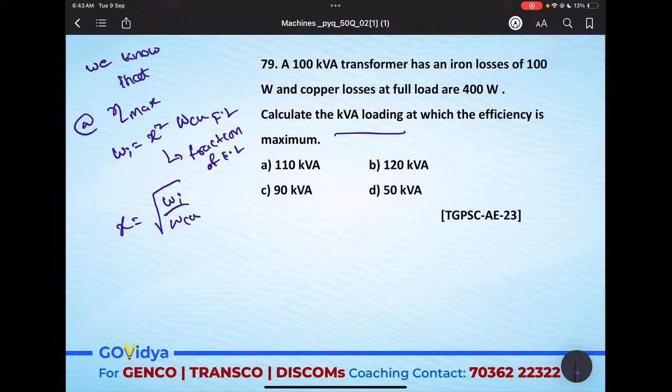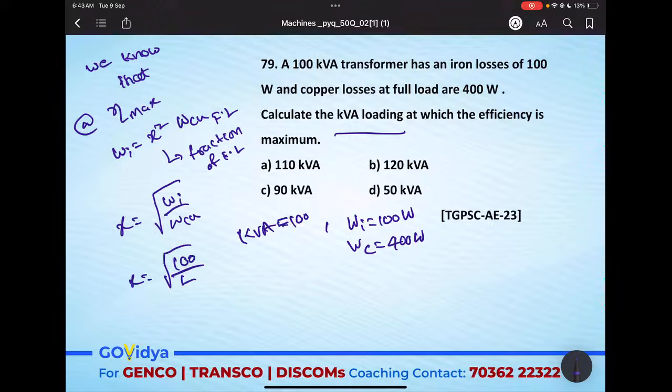From the given data, kVA is 100, iron losses are 100 watt, copper losses are 400 watts. Let's substitute the given values. Iron losses are 100, copper losses are 400. It will be 1 by 4, so the square root is 1 by 2, that is 0.5, where X is 0.5.